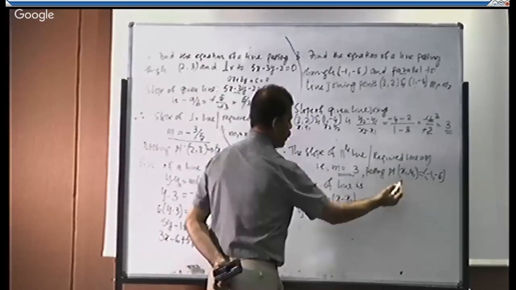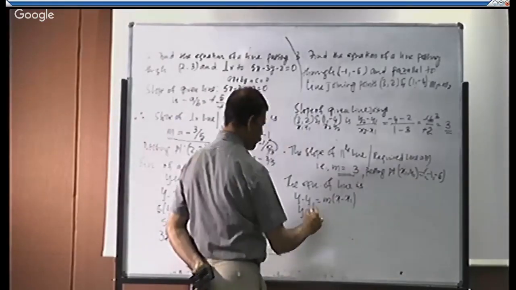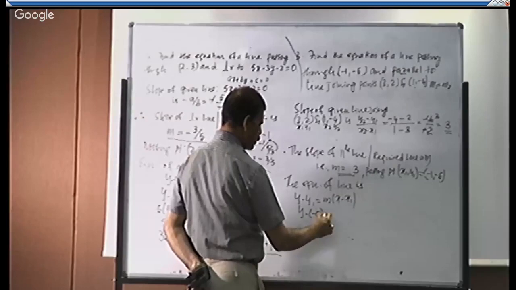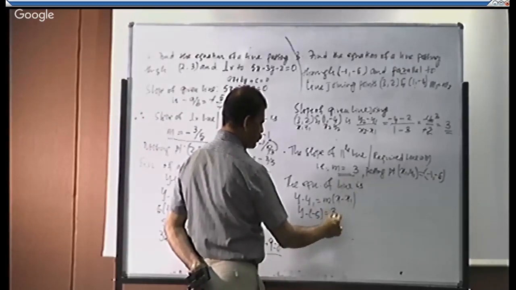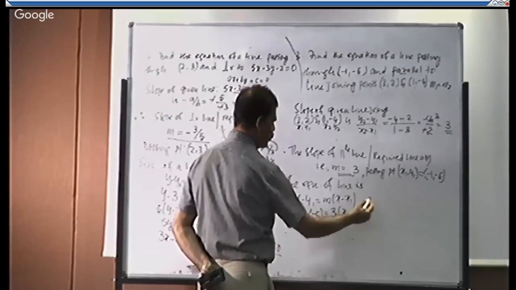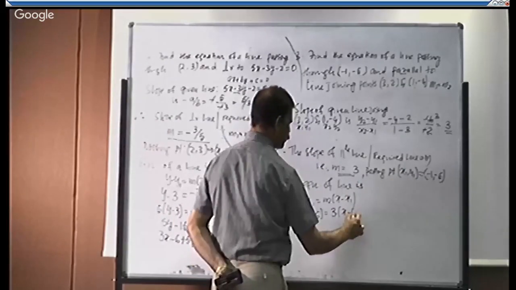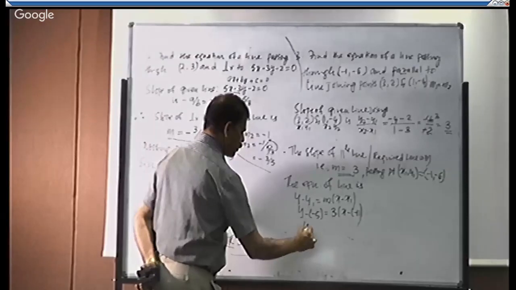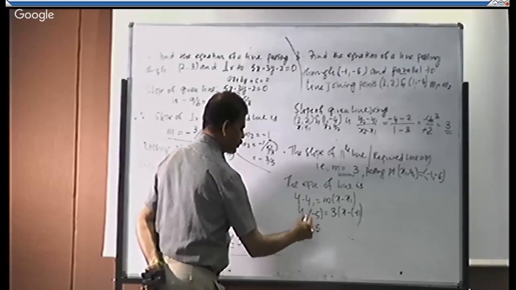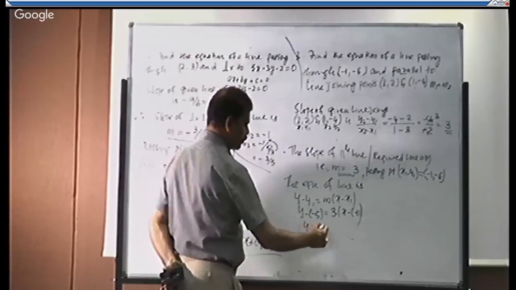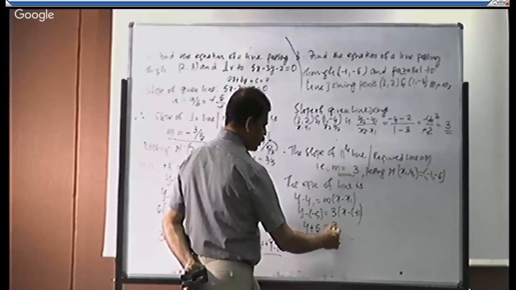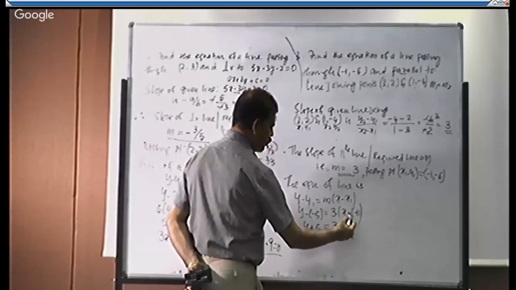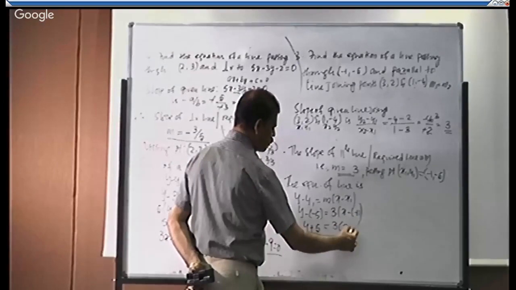What is y1? y1 is minus 5, is equal to, what is m? m is equal to 3, into x minus x1. What is x1? x1 is equal to minus 1. y minus into minus plus 5 is equal to 3 into x. First remove this bracket. Minus into minus is plus 1.